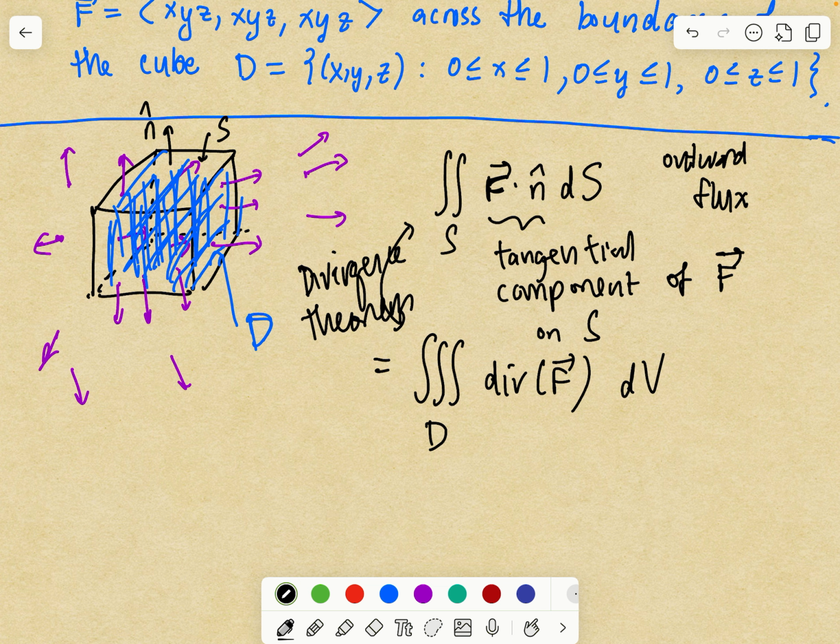So let's just recall the divergence of a vector field. It's not exactly the sum of the partial derivatives.